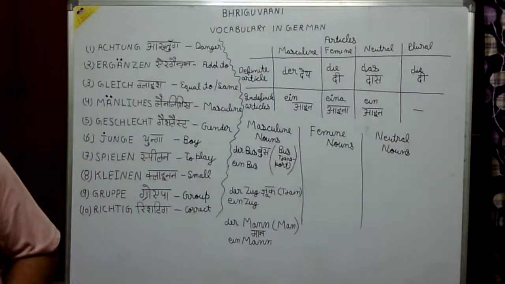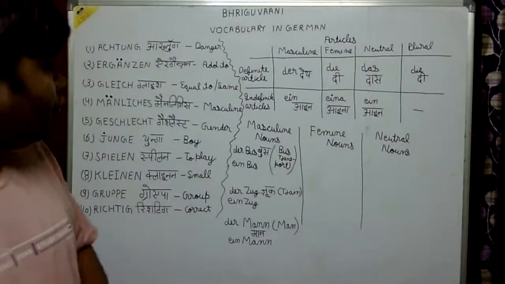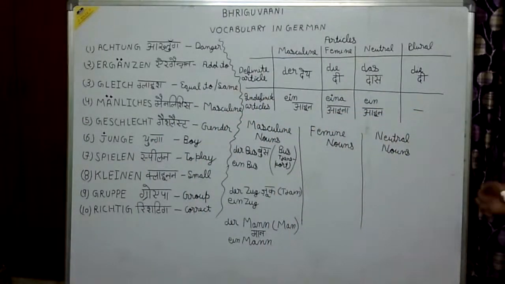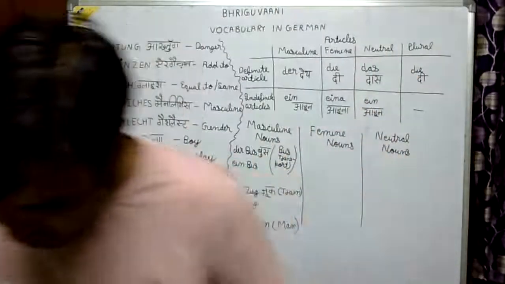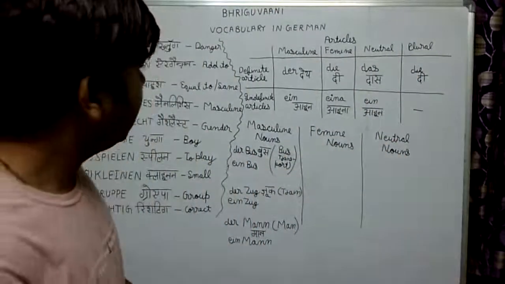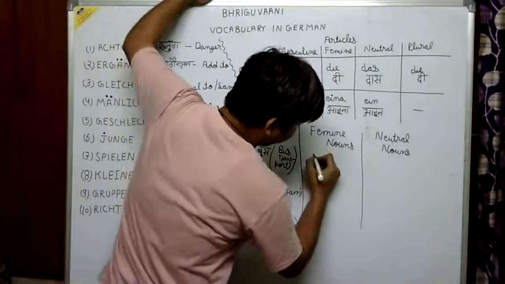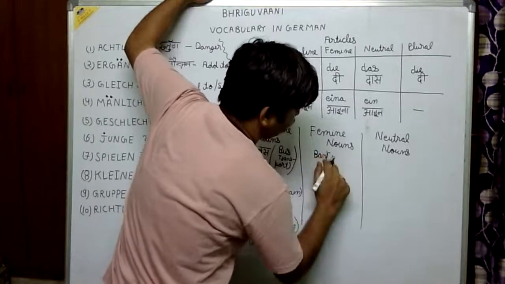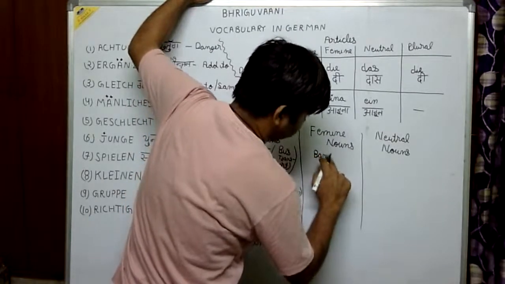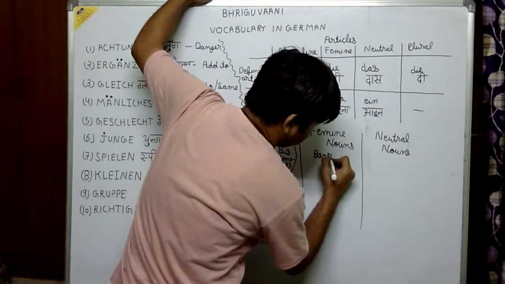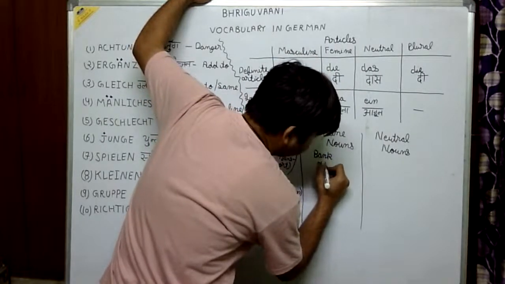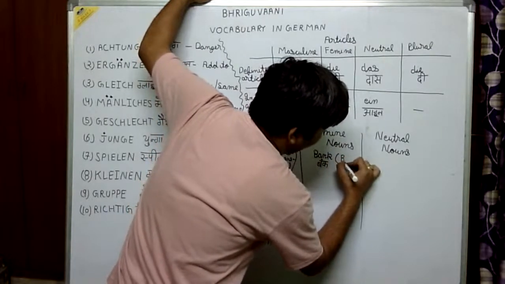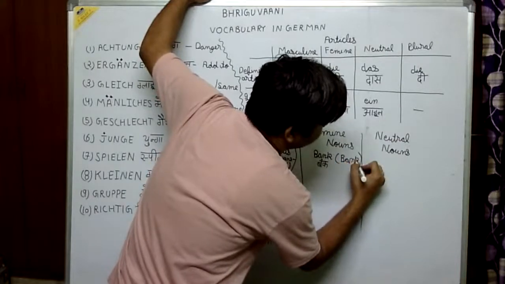Now look at some feminine nouns. In the case of feminine nouns, we have a word Bank. What does this Bank mean? This Bank means the same as bank.